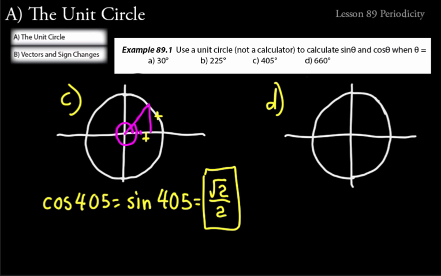We're going to look at 660, and we know for sure we're going to go around 360 degrees, but we still have 660 minus 360 is 300 degrees to go. So we have to go all the way around again down to here. That would be about 300 degrees. Then we'll draw our hypotenuse in and make a right triangle.